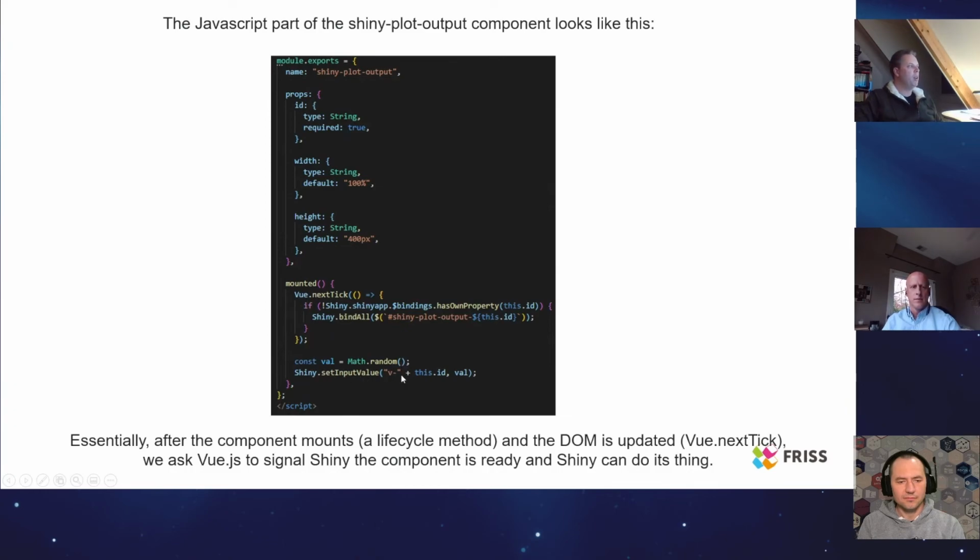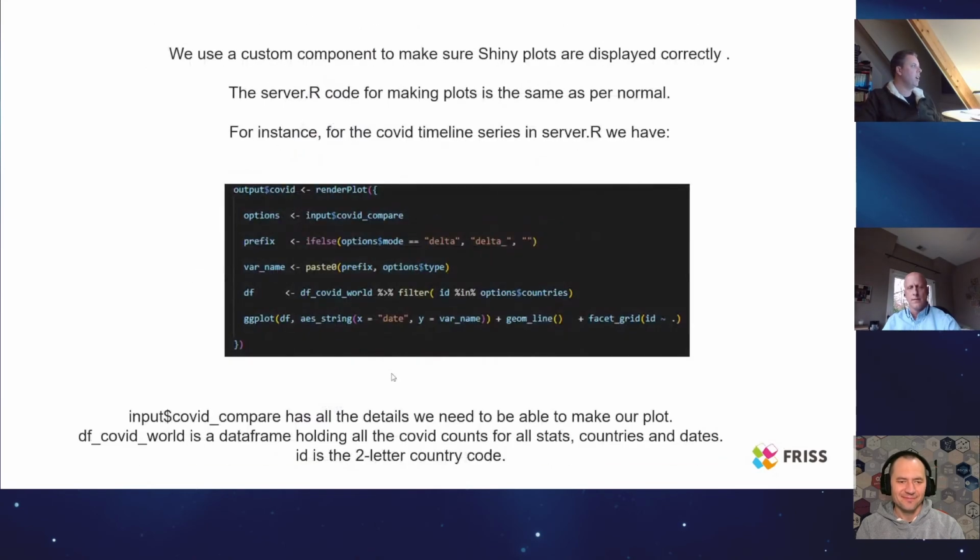I send some bogus random value with the ID, and I say to Shiny, when you have that ID, you know I need something. And at that moment, this Shiny code actually triggers. So I send this ID, and now Shiny knows, bam, I'm going to render this output.